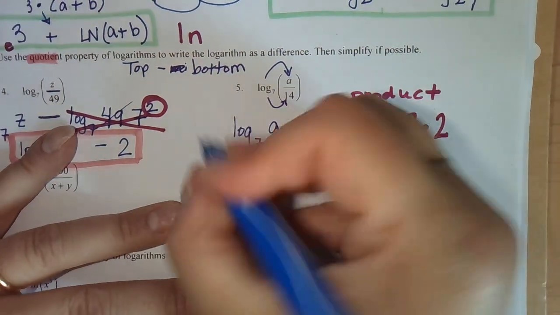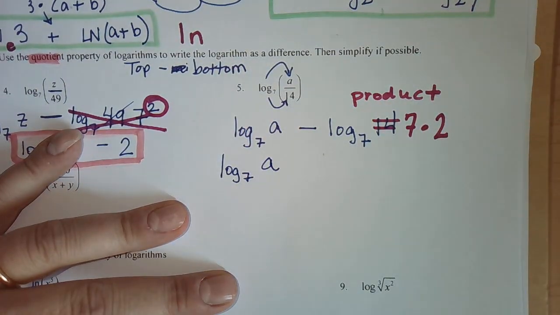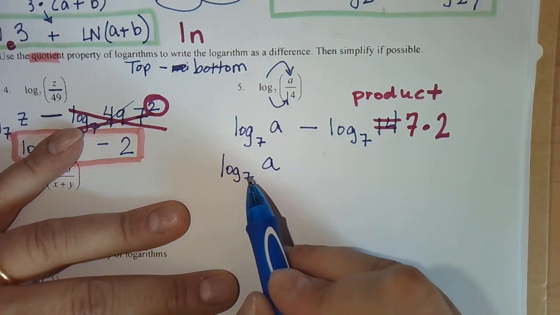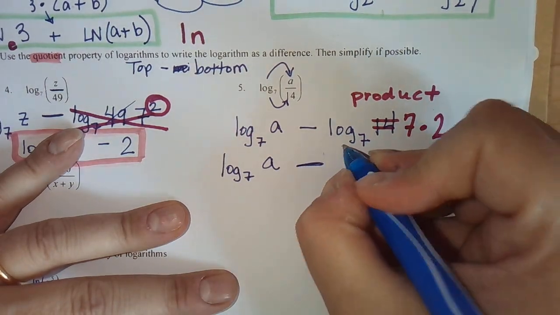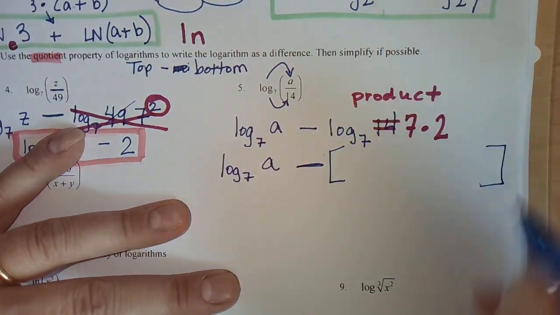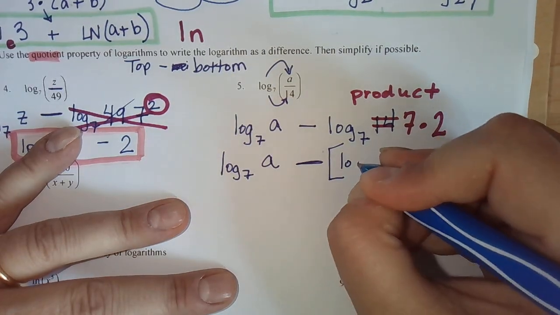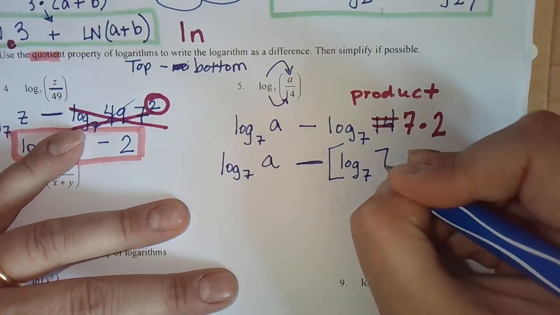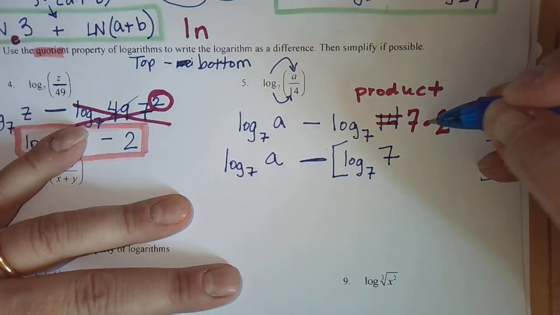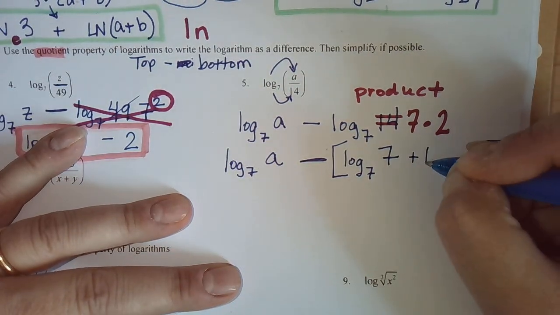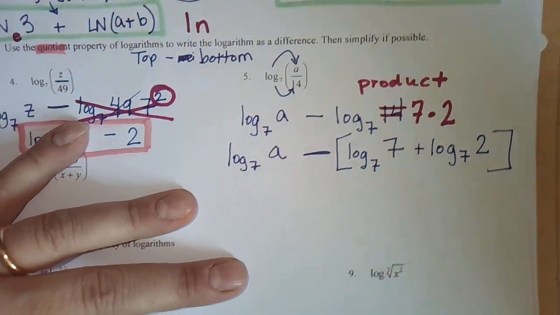So let's try this sucker. We're going to have log 7 a. That's the same. The only thing small is that 7, and it's the subscript, minus a bunch of stuff in here. I'm going to have log 7, and then this multiply sign goes to plus, and I have log 2.